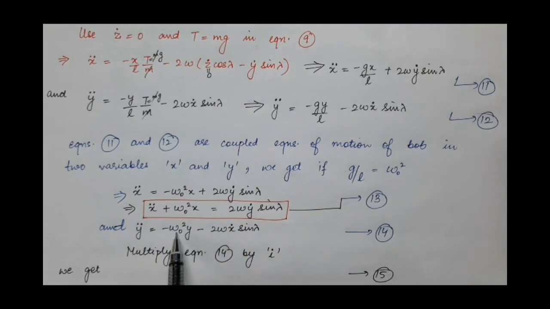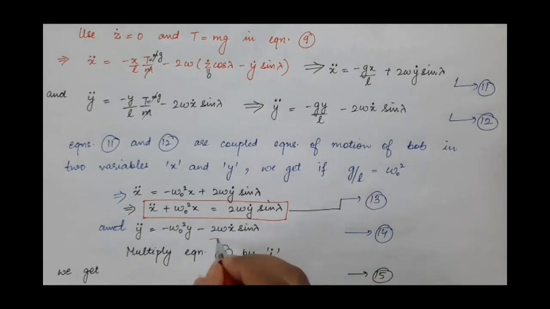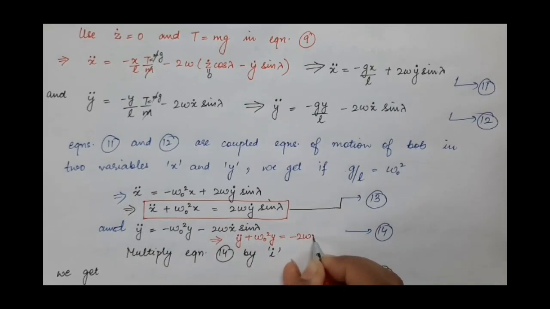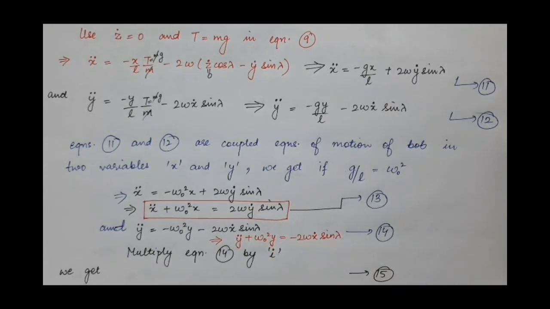And then move this term to this side and you will get y double dot plus omega naught square y equal to minus 2 omega x dot sine lambda. And suppose this as equation 14th.